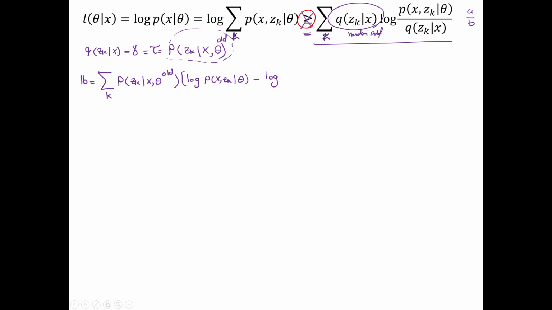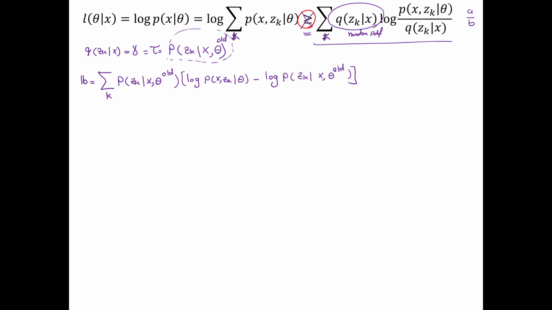We should not write the random one. We are interested in one specific one, which is equal to responsibility. Our PDF, I assume that our random PDF is equal to our responsibility. Okay, we're going to see that it's going to make sense soon. So this becomes P of zk given x theta old.